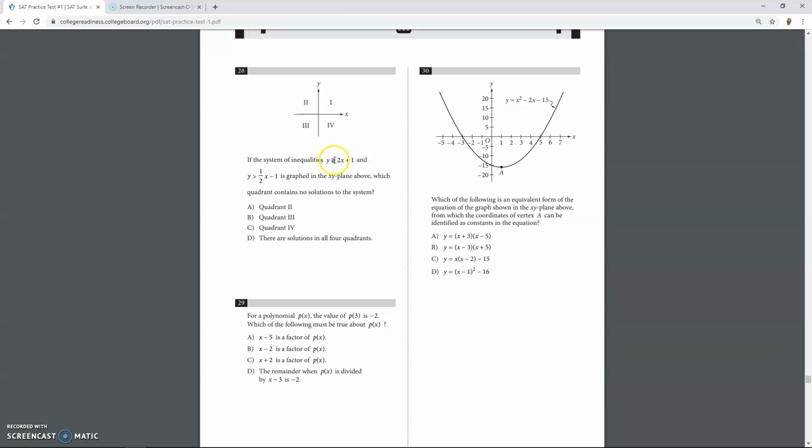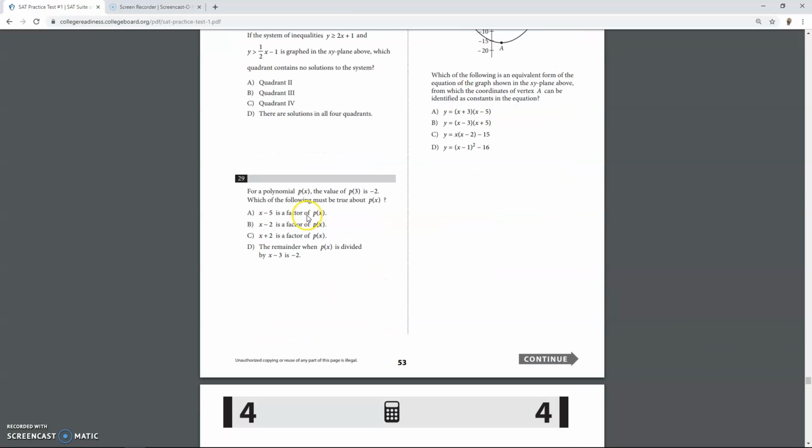The solution is y above that line, which means it can only be in quadrants 1, 2, and 3. It means that it can never have a solution in quadrant 4, so the answer will be C.